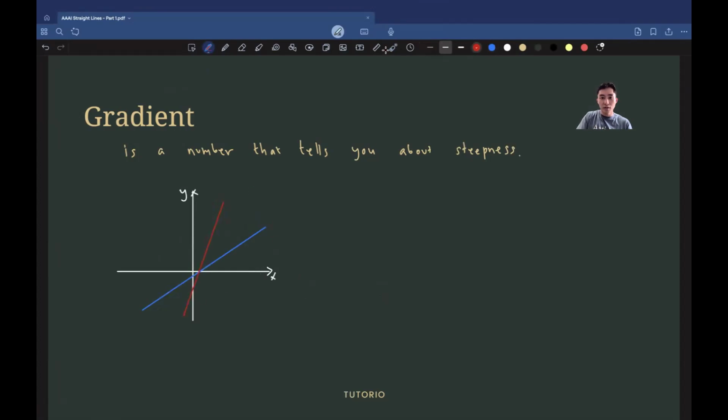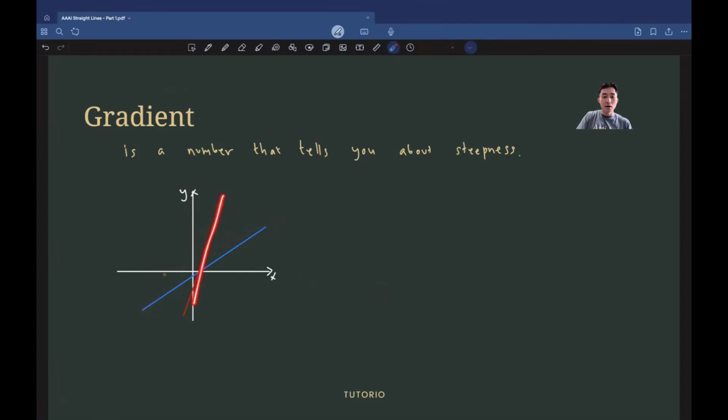Imagine you are walking from the left to the right. So you are standing here. The blue line is steep, and of course, the red line is steeper. In fact, you feel like you need to climb rather than just walking using your feet, right? So that's how we describe it.